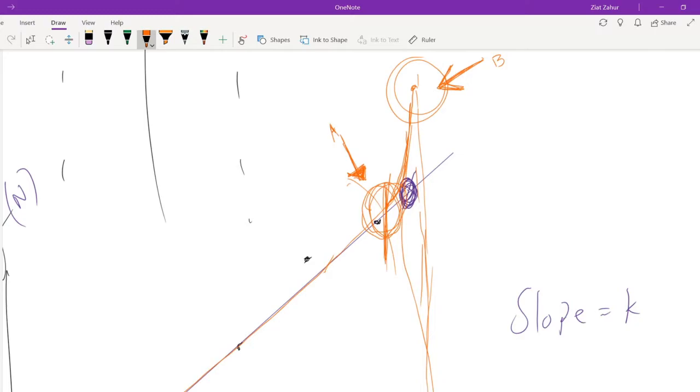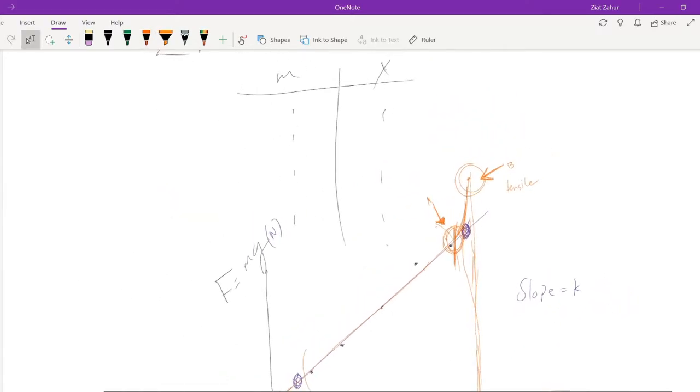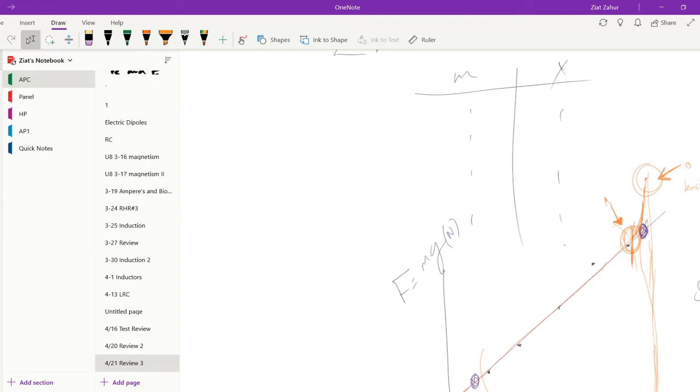So we got A. A is the elastic limit. The break point is called the tensile limit. Tensile. That's a good word.